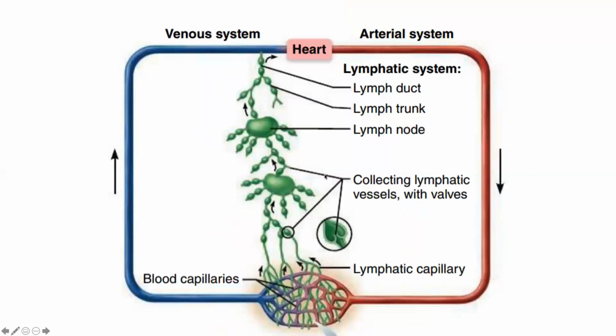So let's start. Our circulatory system includes the arterial and venous systems. If we start from our heart, the heart will pump out blood, and arterial blood will go to every part of the body and finally get to the capillary level of the blood capillaries.